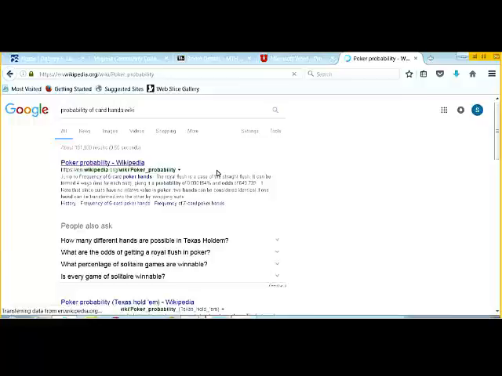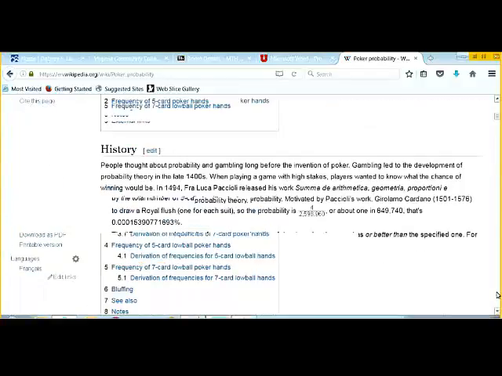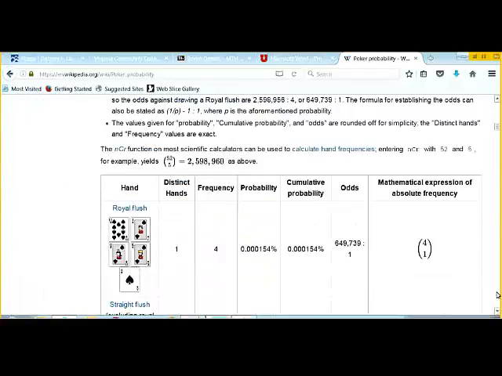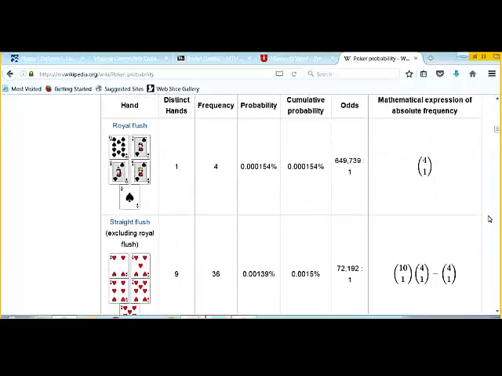And if you look at this somewhere down here, they tell you, okay? So here's the royal flush, and there are 4 out of the 2.5 million different card hands.